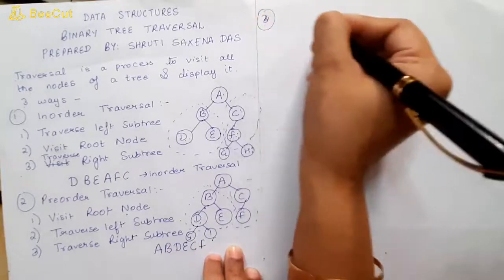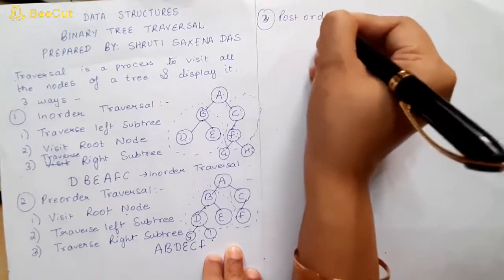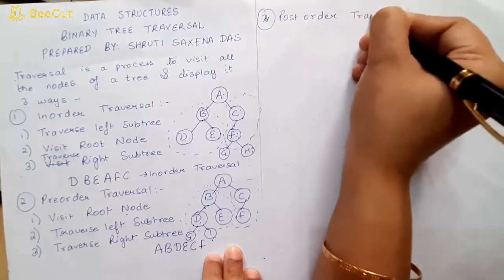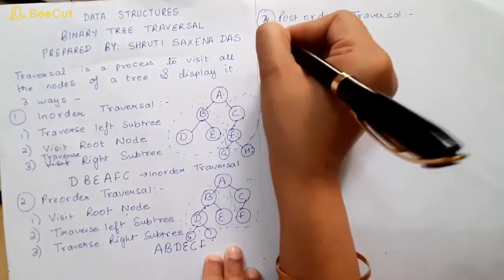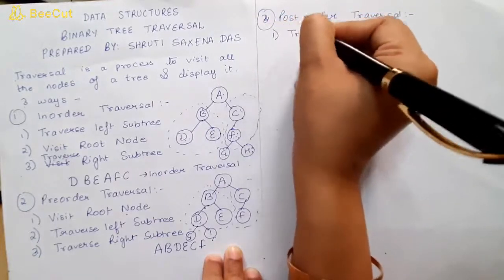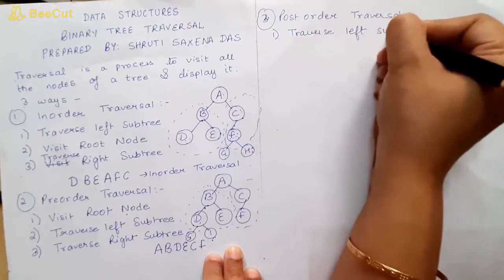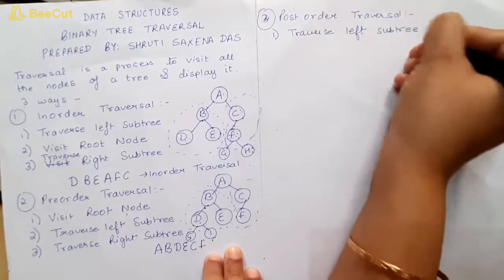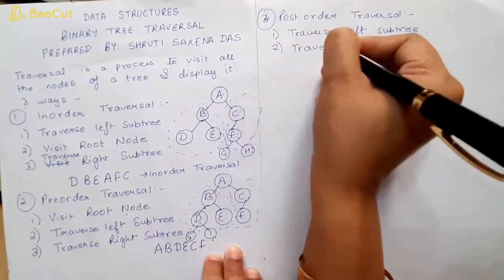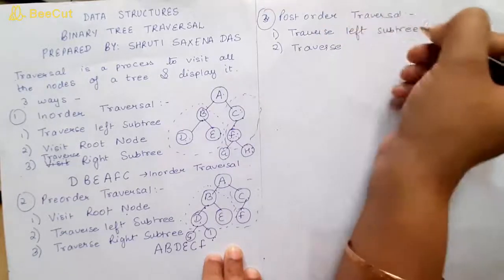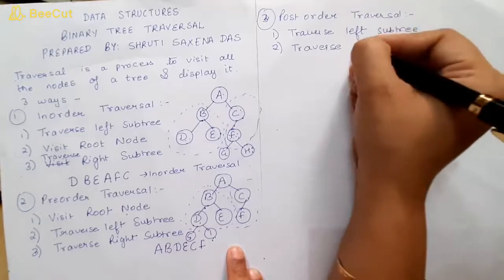The third algorithm is post order traversal. In post order traversal, the first step is traverse left subtree. Again I am saying that when we say traverse subtree, that means you have to perform recursion in this case.